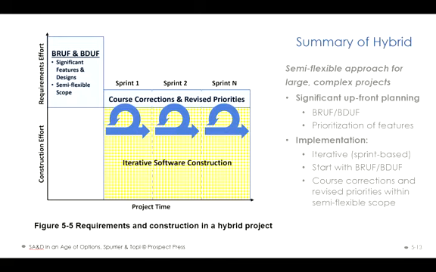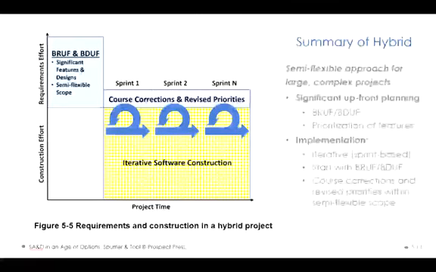So let's revisit the hybrid methodology a little bit. Basically, in hybrid methodology, you do have some sort of a large long-term requirement and goal you want to achieve. This is represented by the BRUF or BDUF. BRUF is big requirement upfront, or BDUF, big design upfront. These two terminologies describe that there is an ultimate goal, or a very clear vision of what the software would look like, but not a solid vision.